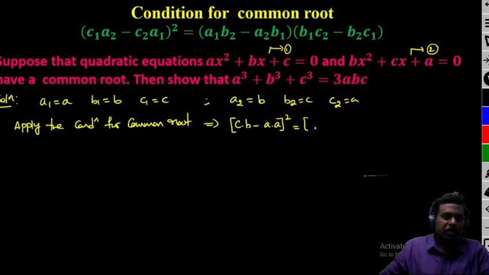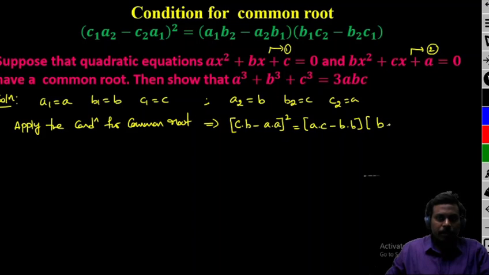Now coming to the RHS, a1 is a, into b2 is c minus a2 value b into b1 value b, into b1 value b into c2 value a minus b2 value c into c1 value c.